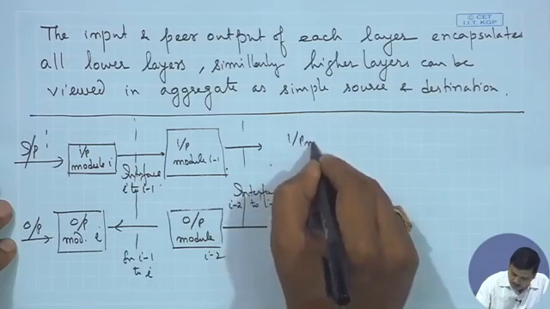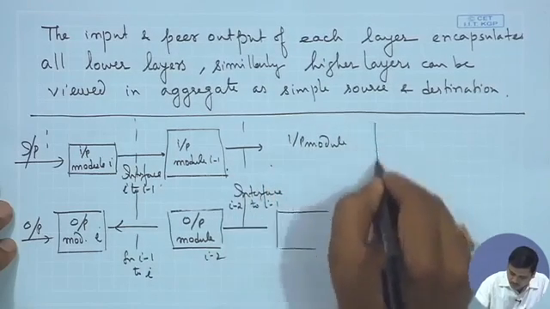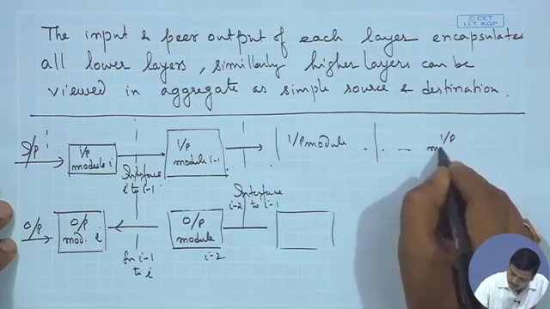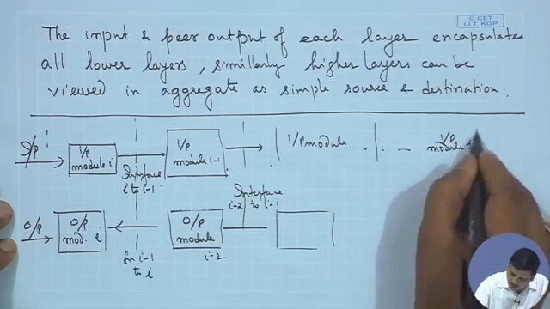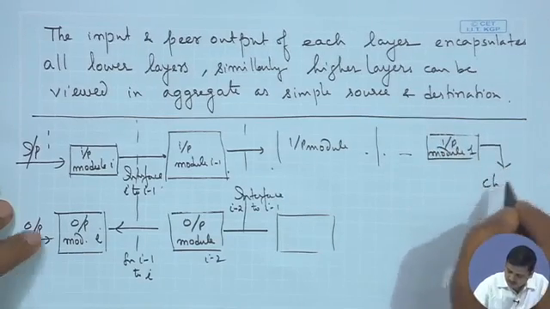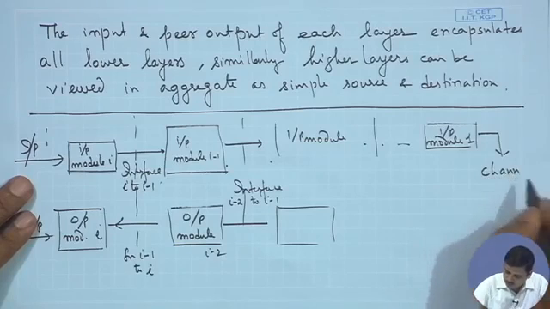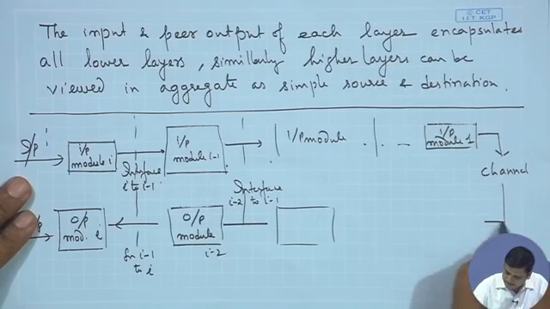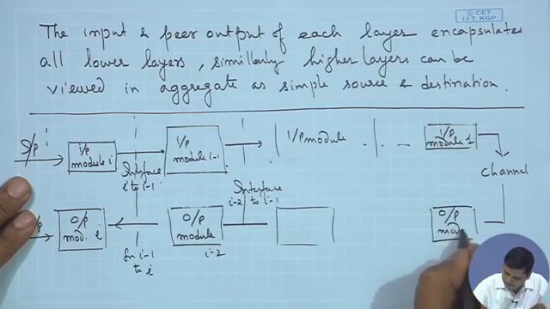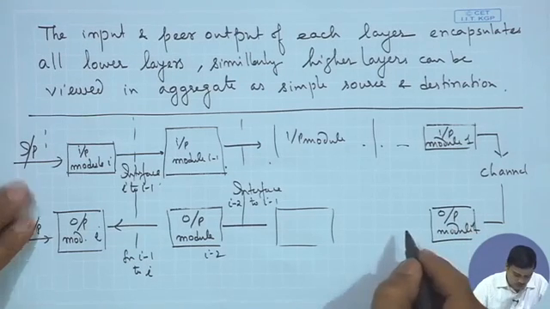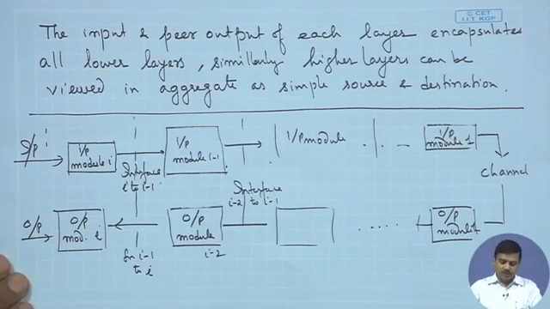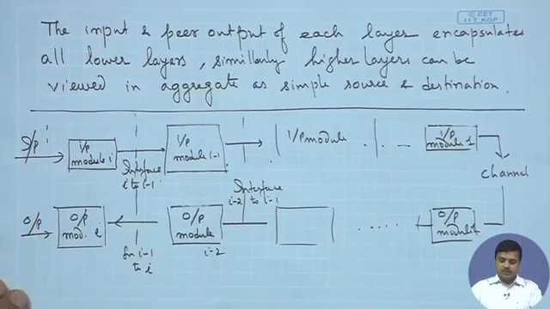So these are all input modules, and it goes on to the last module, input module 1, which goes into the channel. This is output module 1, and so on and so forth. So this completes the picture and this definition along with it.